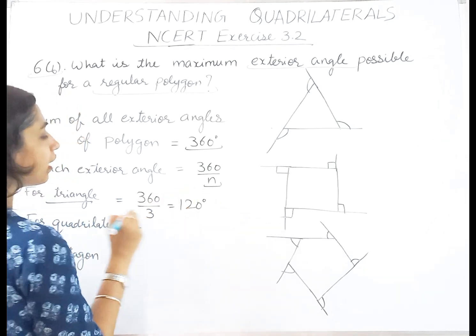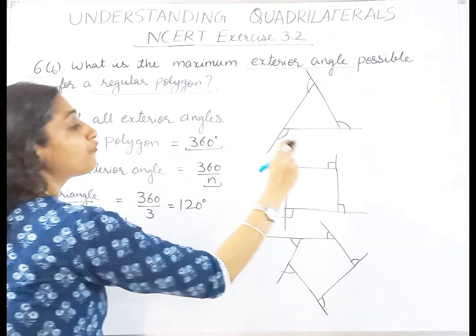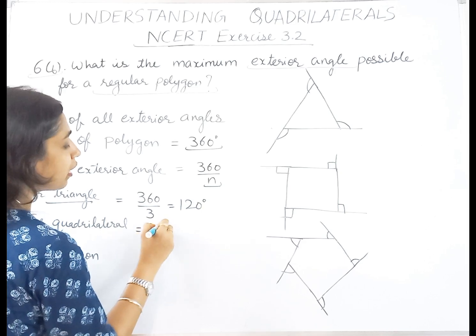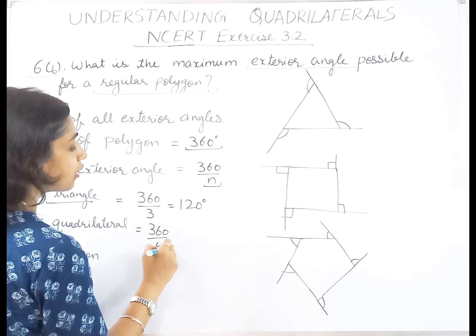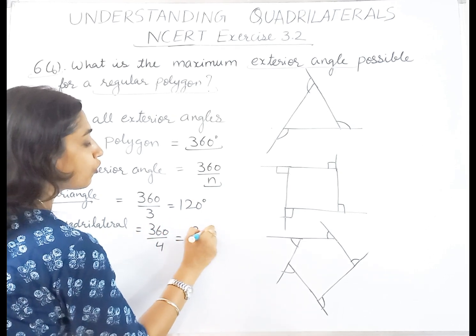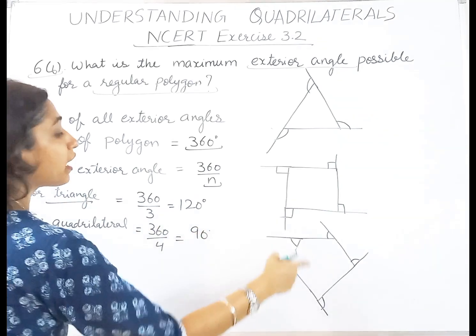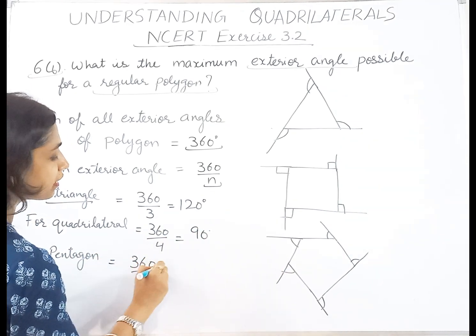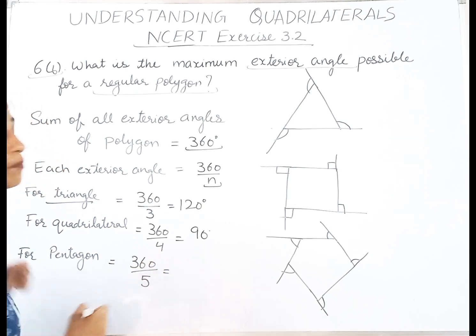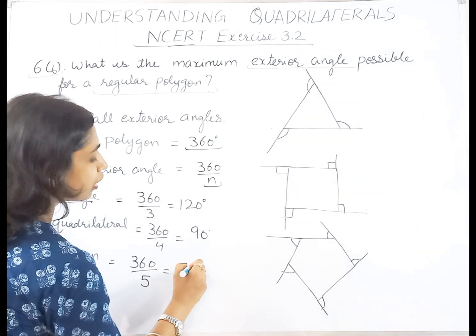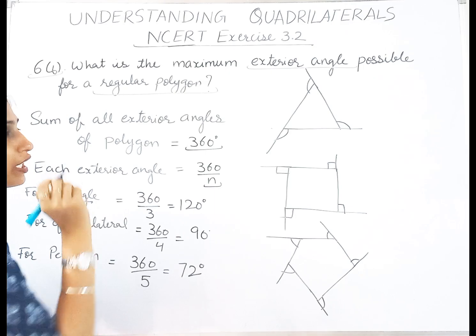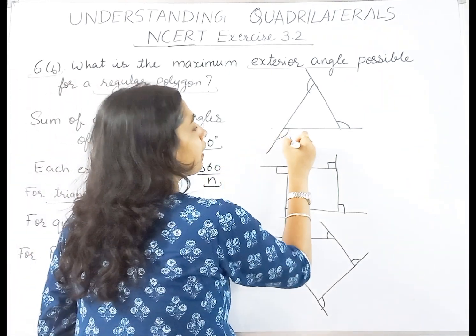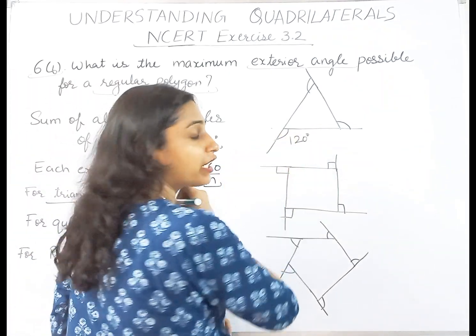And for the quadrilateral, with 4 sides, each exterior angle is 360 divided by 4, which is 90 degrees. And in the case of a pentagon, with 5 sides, each exterior angle is 72 degrees.